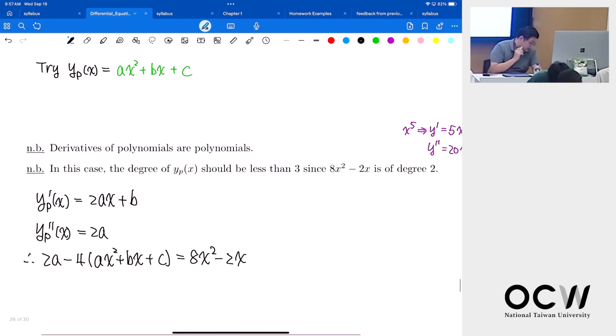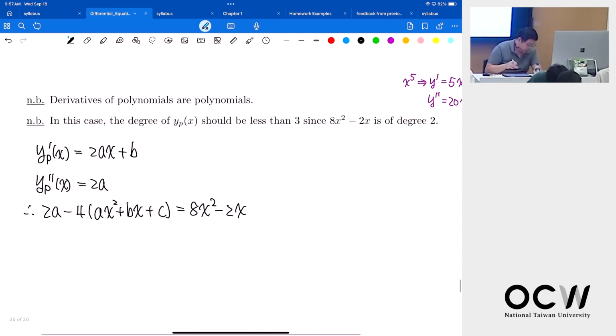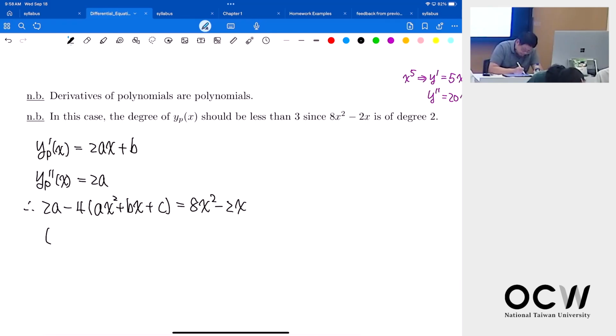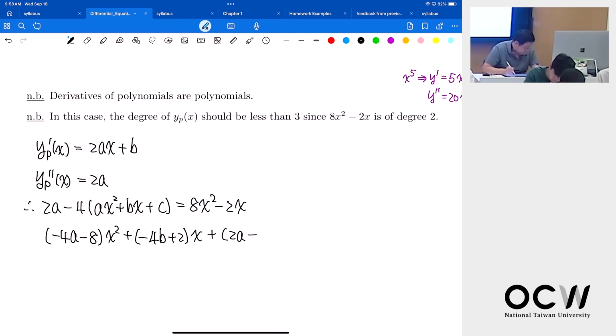Then you can compare the coefficients. So first, let's rearrange that. For the x squared term, we have minus 4a minus 8. For the x term, we have minus 4b plus 2. And the rest is 2a minus 4c. It should be 0.